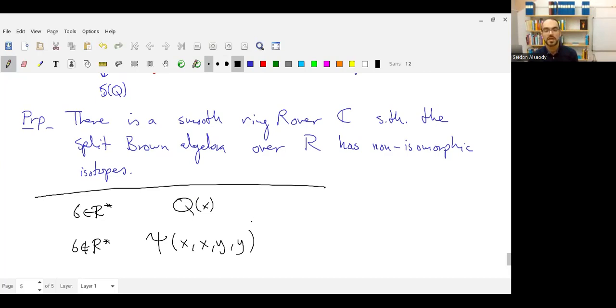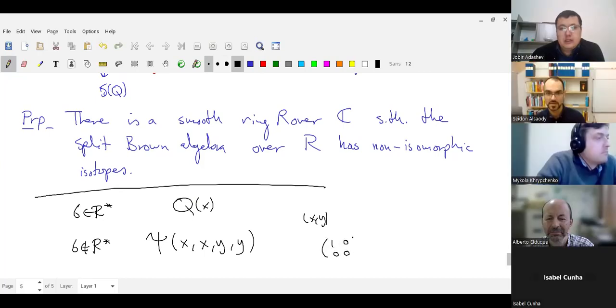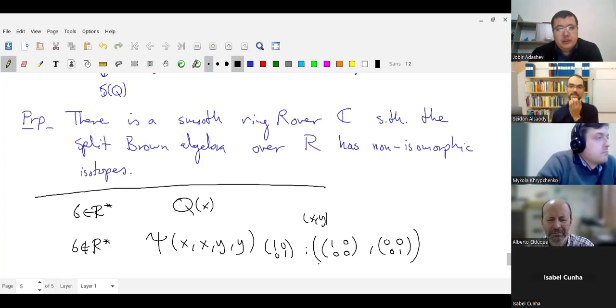And so my idea was that instead of looking at just elements x with norm 1, you look at pairs (x, y) satisfying some conditions. So ideally, maybe you want to look at a pair. Instead of 1, 1, 0, 0, you replace this by the pair, and look at the variety of reasonable such pairs.